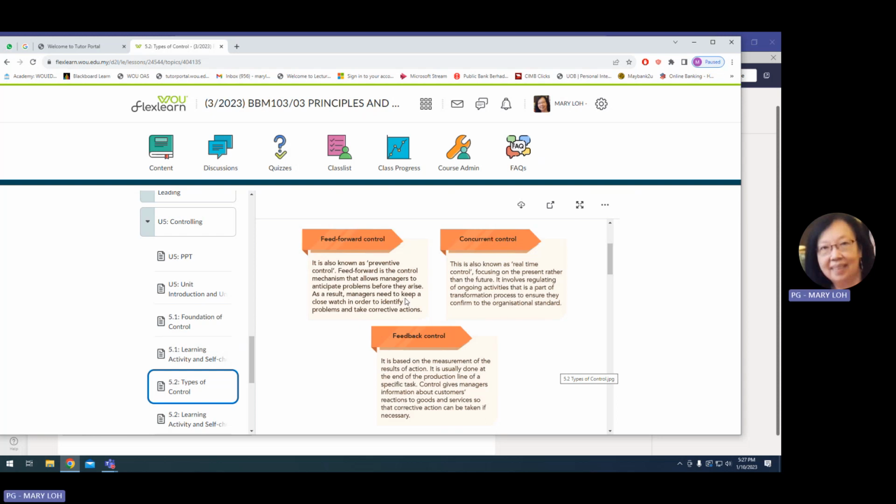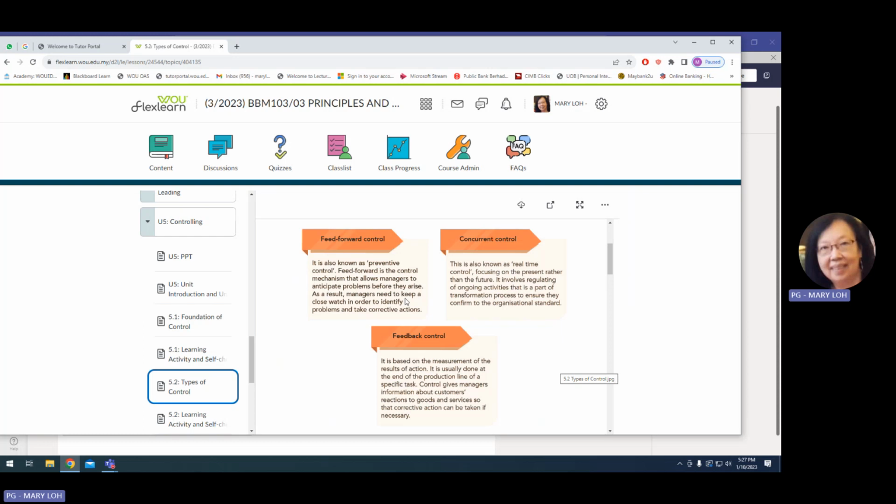For example, if you don't want to fall sick, you don't want to get COVID, what do you do? You wear masks, you sanitize as much as possible. That is called preventive control. You don't want to get sick, so we take supplements, vitamin C, multivitamins. We take care of our health, we do exercise, we go for walks, we go jogging, we go to the gym.